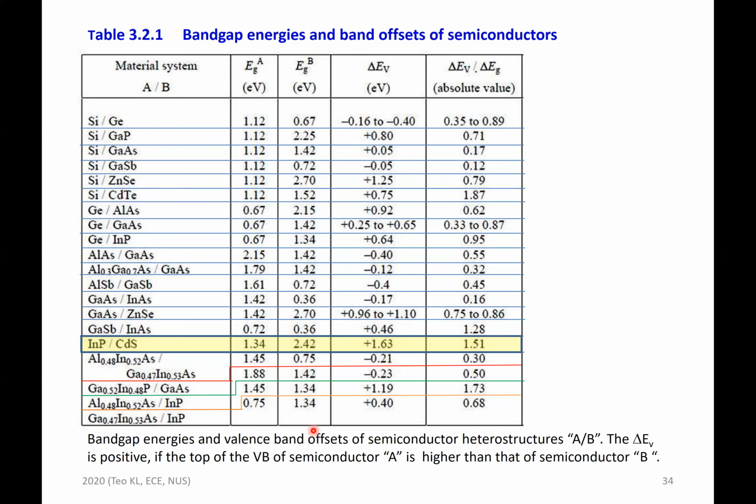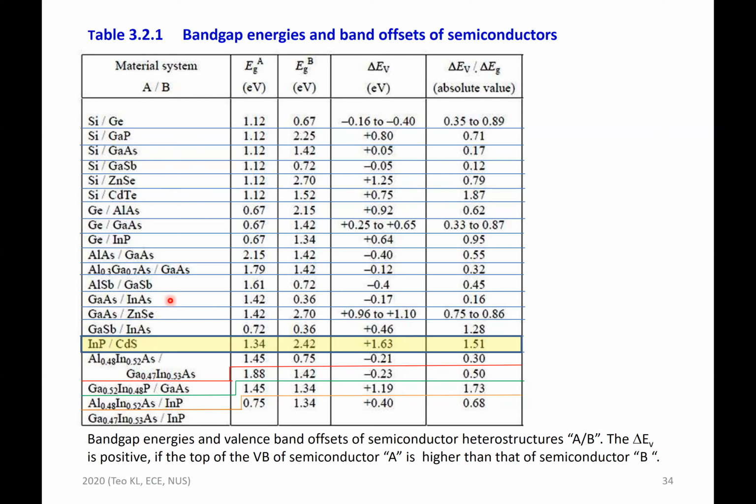In this table, for the A/B material system, delta EV, the valence band offset, is positive if the top of the valence band of semiconductor A is higher than that of semiconductor B. What does this mean? We shall show an illustration of the growth of an indium phosphide and cadmium sulfide heterostructure.